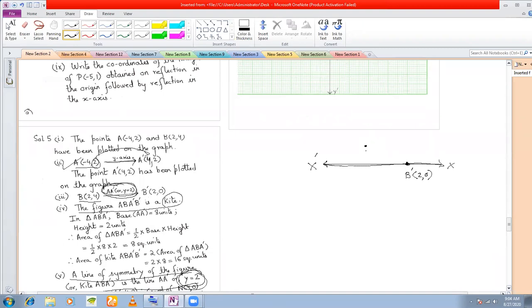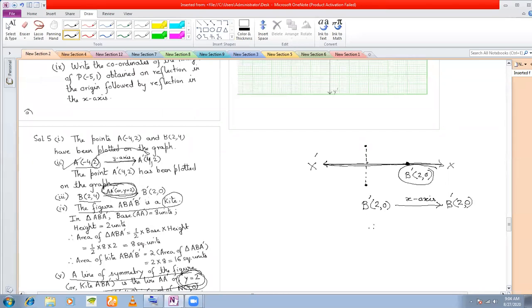If the point was here, my image would have been somewhere over here. But if the point lies on the x-axis itself, that means the image must also be on the x-axis. Therefore, B dash is an invariant point, because if you take the image of B dash under reflection in the x-axis, you will get the same point, B dash.